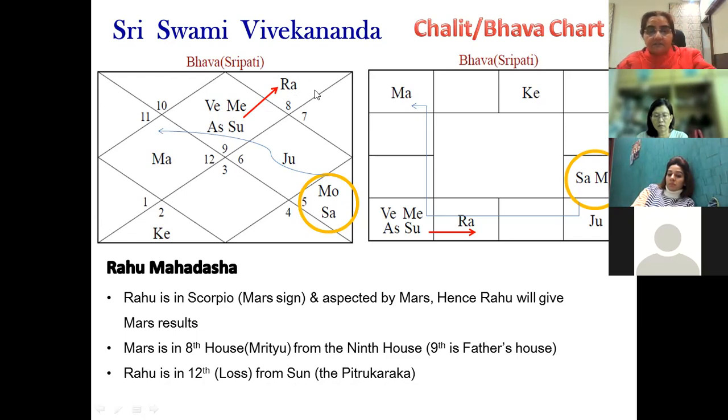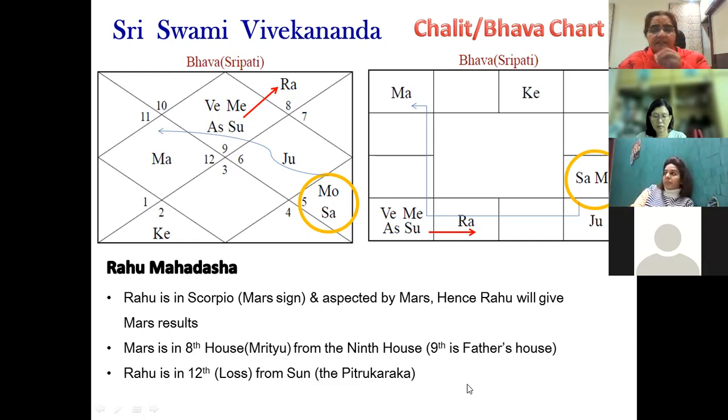Remember, the 12th house is always loss. So we are looking at both aspects. We are looking by the 9th lord, which is related to father, and we are also looking at the fixed significator for father.